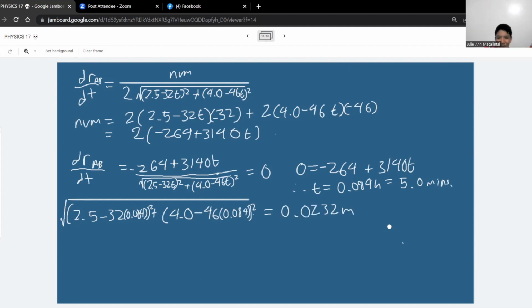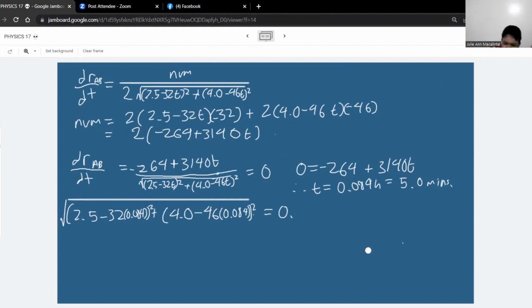Wait a minute. So, 2 centimeters? Teka, bakit 0.02? Ang nakukuha ko naman ay 0.2. So, like 20 centimeters? Hindi, 0.2 kilo. Remember, kilometers yung units niyan. Mga 202 meters. Okay. So, it's pretty close naman po.